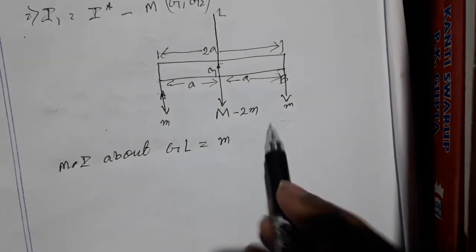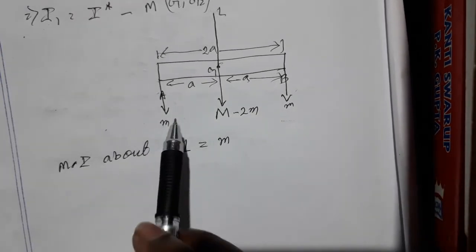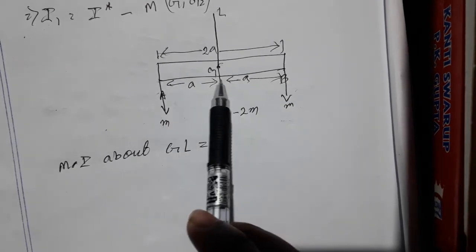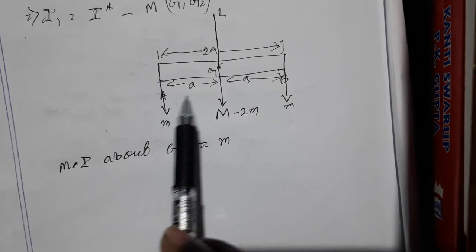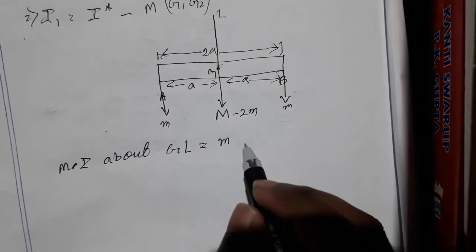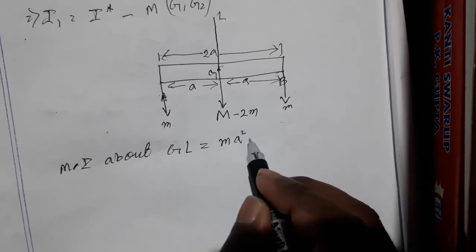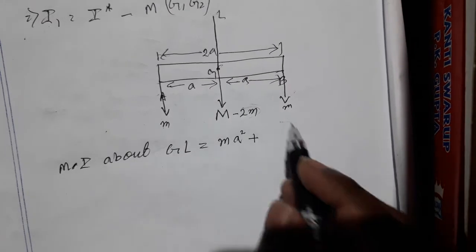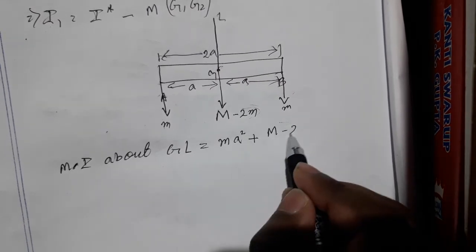So the moment of inertia of one particle is nothing but mass into the square of the perpendicular distance from the axis of rotation. So this perpendicular distance is a. So we'll have here ma square, plus, for this body above this line, m minus 2m.